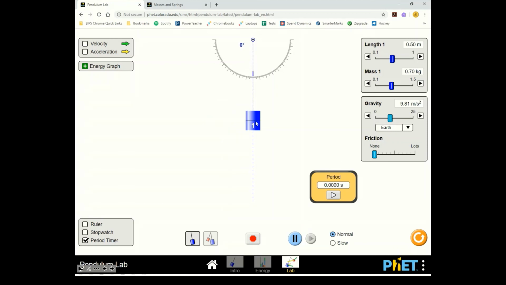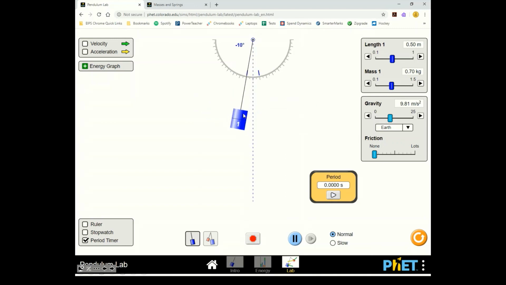And then let's test our amplitude. Let's increase our amplitude, just increase it to 40 here. It looked like it changed it a little bit, but not to the degree that our other one did.